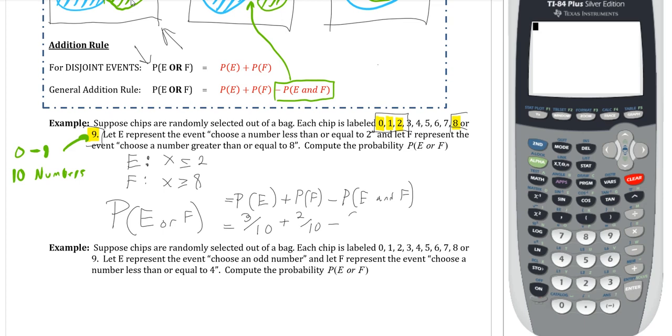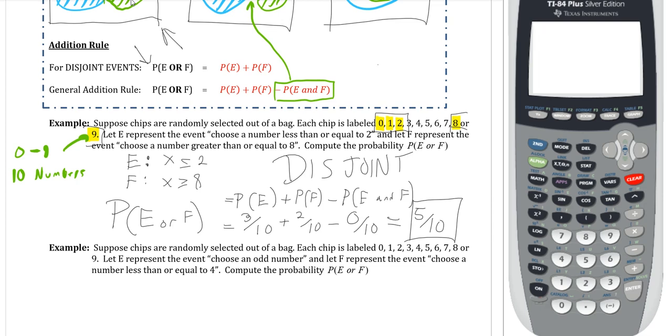So there are 0 outcomes out of 10 that share those, because these are disjoint. Therefore, when I add and subtract appropriately, 3/10 plus 2/10 gives me 5/10 overall. So 5 out of 10. That's it. That's what we do for OR probability.